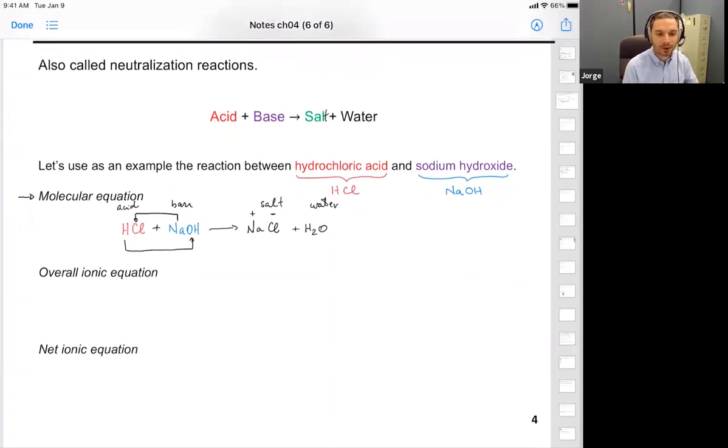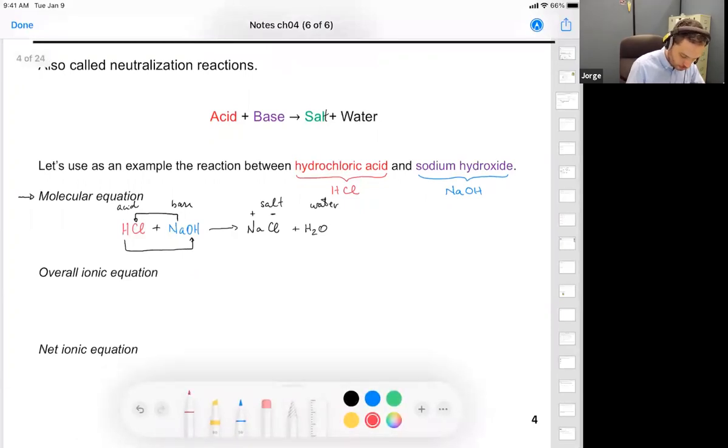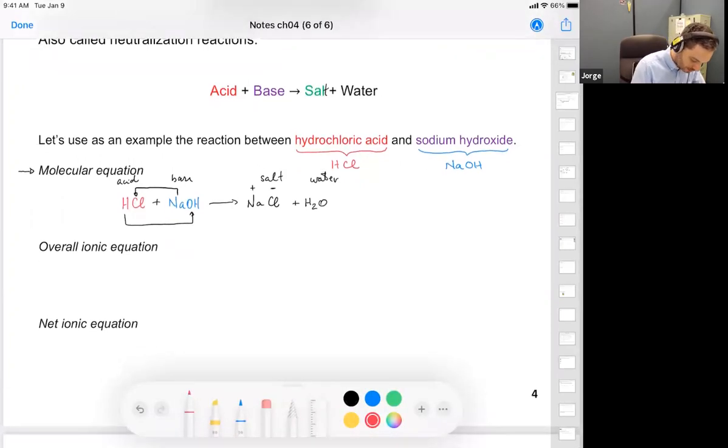To write ionic equations, the first thing that I like to do is to write the formula of the acid. If we are dealing with ions, the first thing we have to do is to dissolve this acid in water. Every time you dissolve an acid in water, you are going to split the bond, in this case, between hydrogen and chloride.